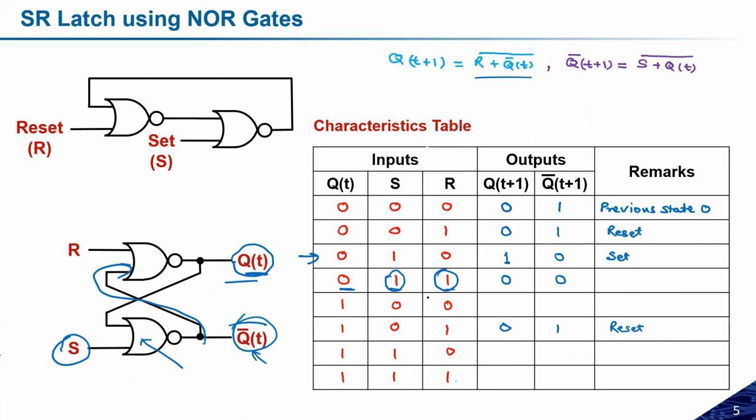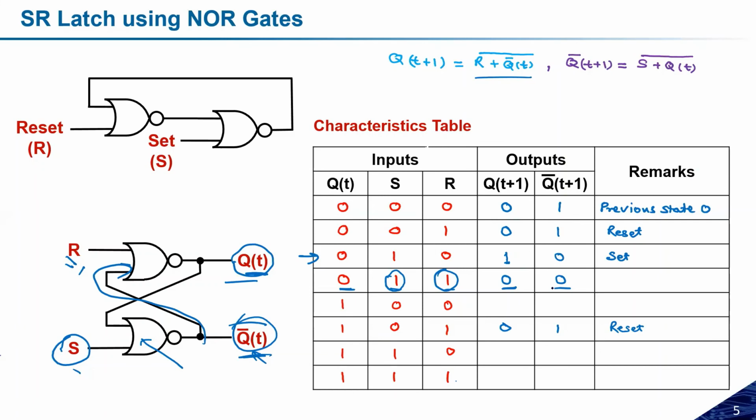But in the fourth case I have given input 1 to both the NOR gates, so both are responsible for the outputs. They do not need to wait for some time to settle down the output, so it is not possible in this case. I will always get output 0, 0.